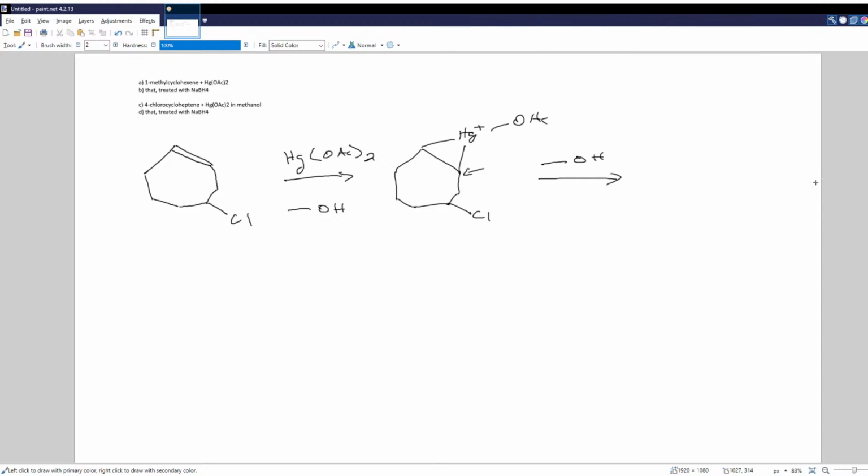I'm guessing this one right here. I bet this one has more partial positive charge because the positive charges want to go more there because this thing is electron grabbing. Or maybe that would mean it goes over here. I'm just gonna pick one. I'm gonna pick the one that's closest to the chlorine.